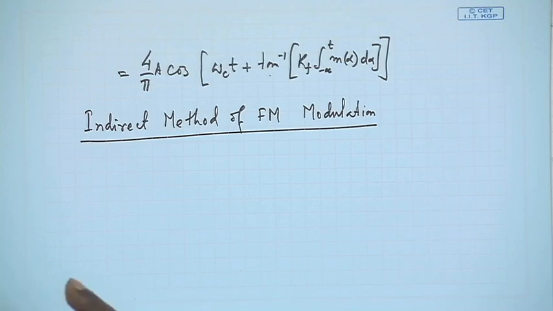That means we first generate narrowband FM and from there convert it to wideband FM, not directly generating it. We will also see what we mean by direct generation, but this is the indirect method. In the indirect method, he started exploring some nonlinear devices. Let us see what happens.